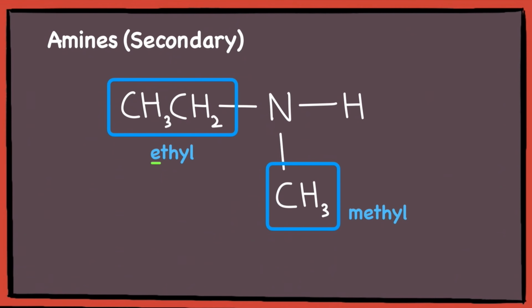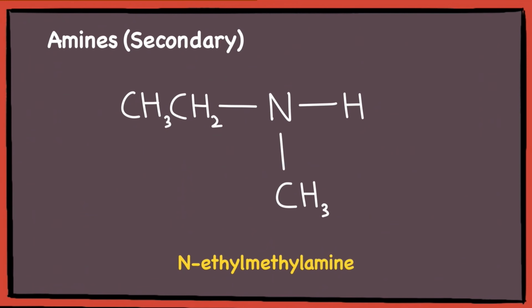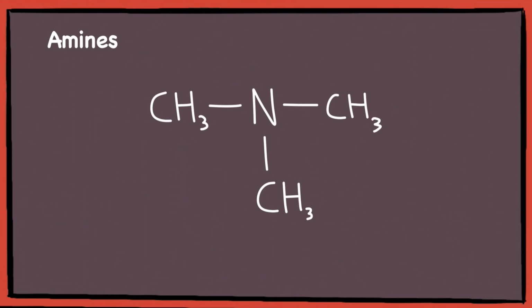Since the E in ethyl comes before M in methyl, the prefix will be called ethyl-methyl as we need to arrange it in alphabetical order. And don't forget, because it is a secondary amine, we will need to add in the N- at the front of the amine as part of the prefix. Combining everything together, it will be called N-ethyl-methylamine.